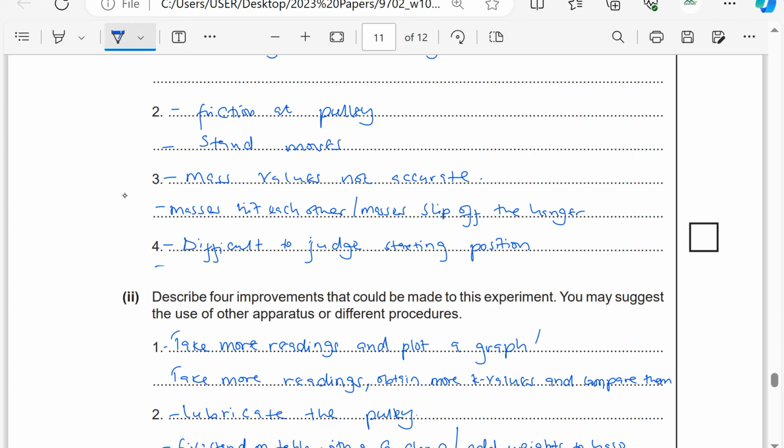Also, I noticed that it was difficult to measure the time as it was too short. In fact, the reaction time could have been larger compared with the time we measured.